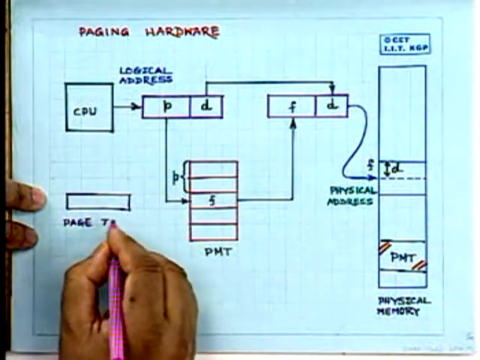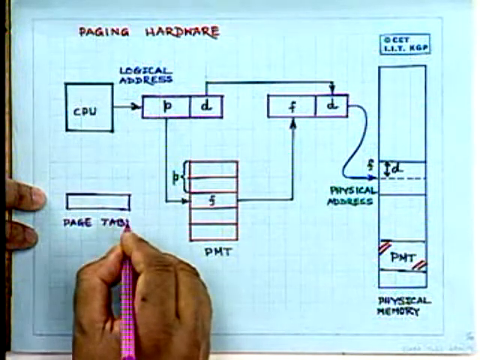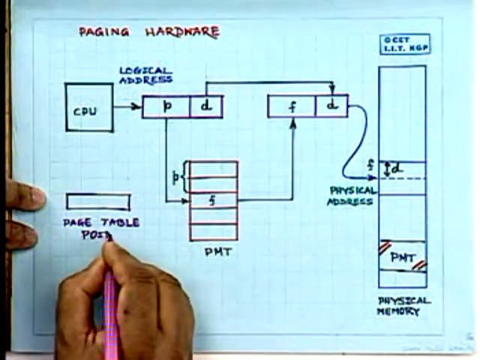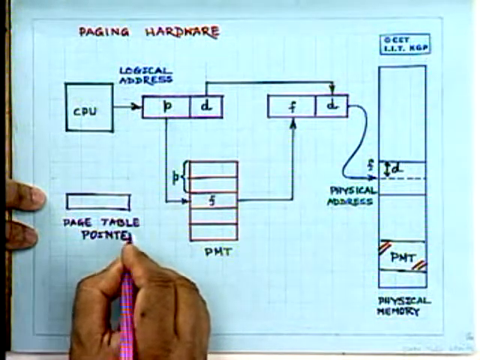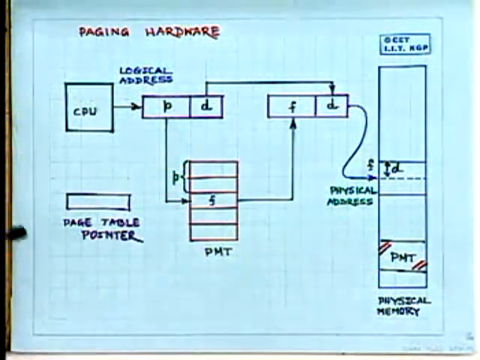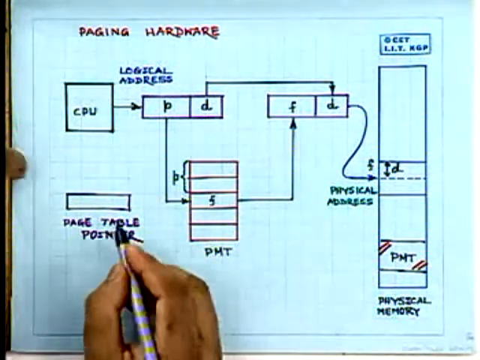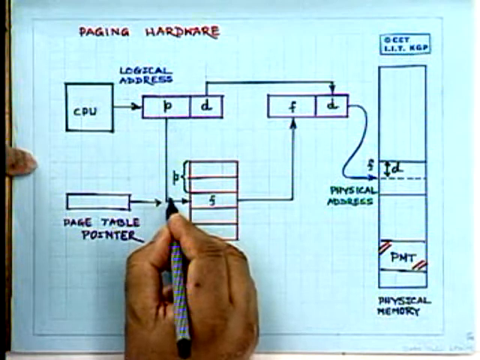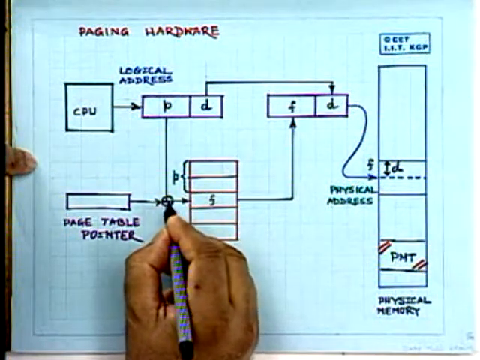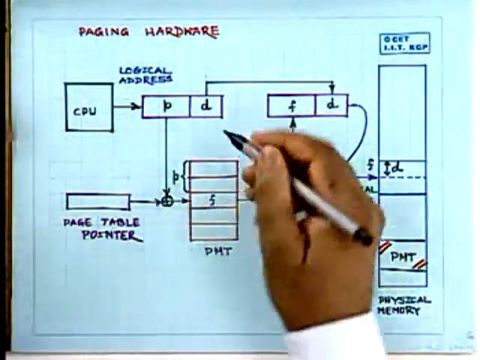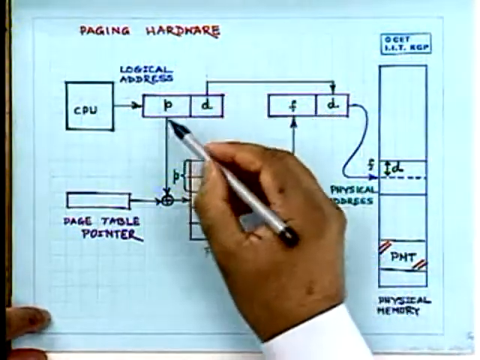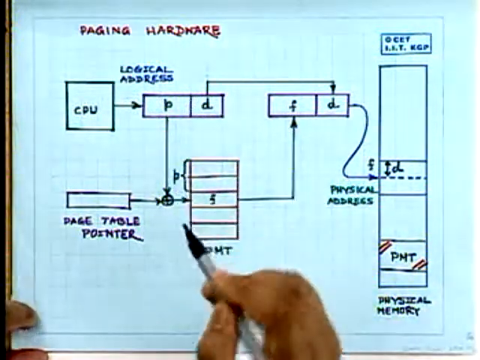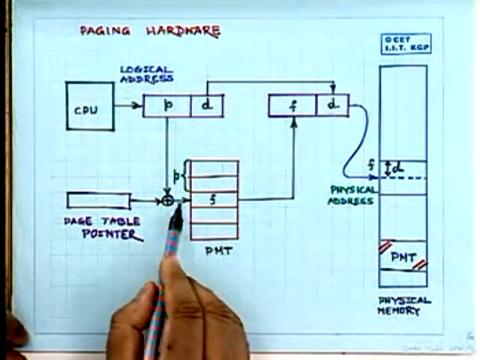a page table or page map table pointer. Okay, this is the hardware register. Output of that is now added with the page number of the logical address to come to the corresponding page map table entry.